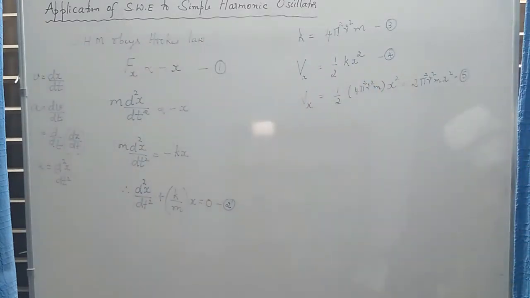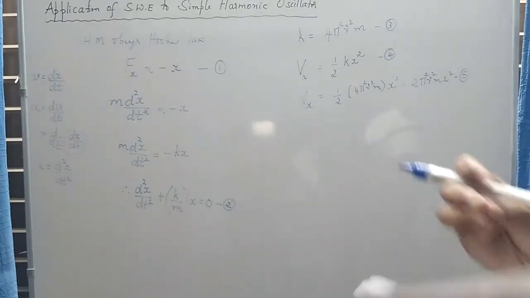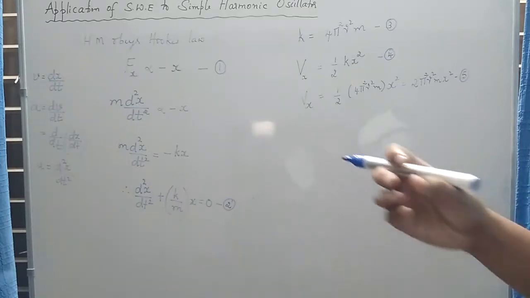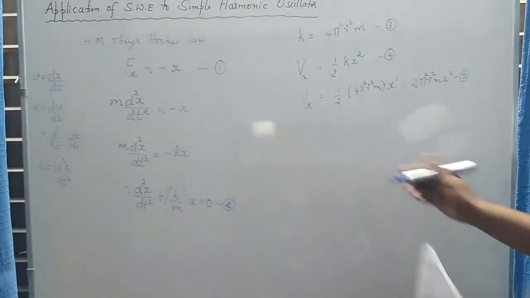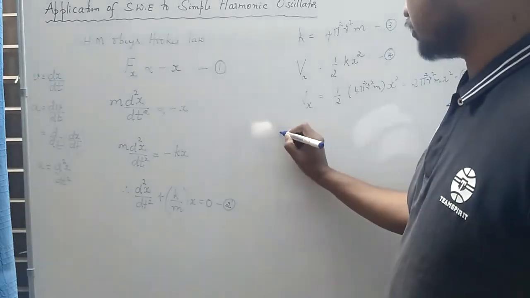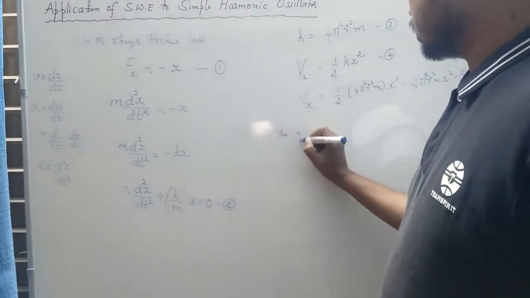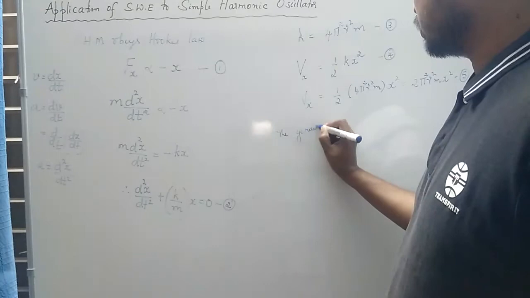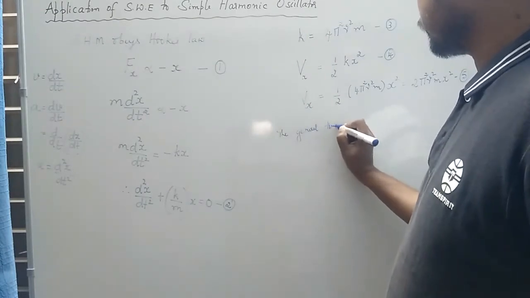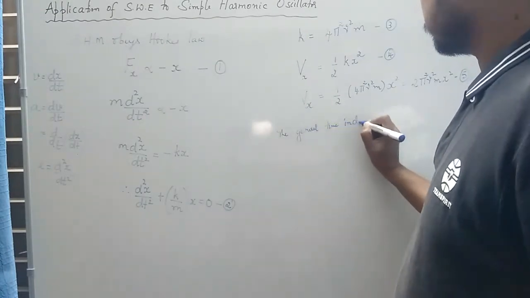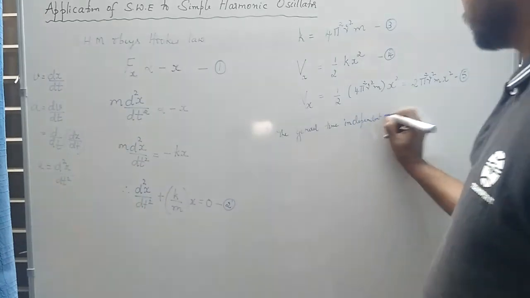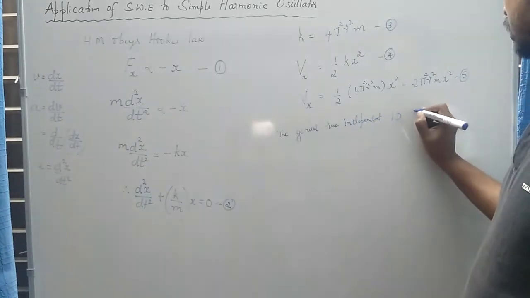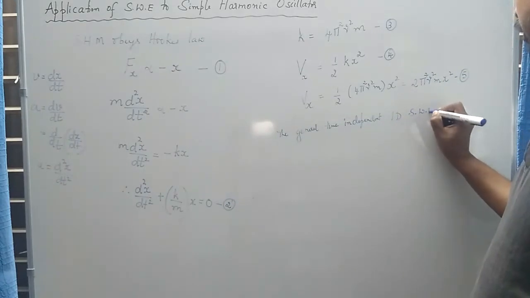Now let us write the Schrodinger wave equation. Since this vibrational motion is a one-dimensional motion, and if we assume that this vibration happens along the x-axis, then we can write the general time independent one-dimensional Schrodinger wave equation.